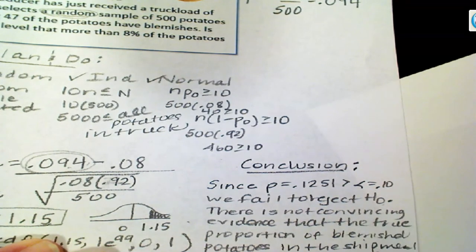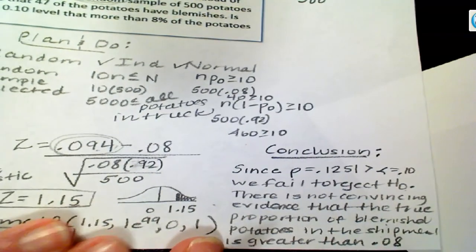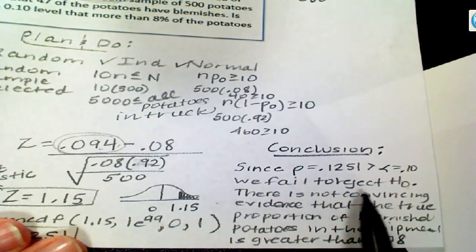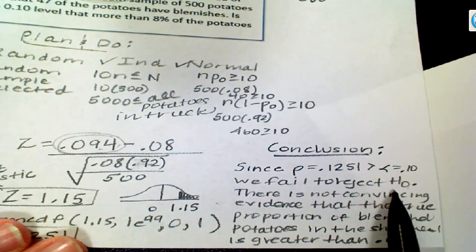So that is my conclusion. So again, the first sentence is always going to be whether you reject or fail to reject the null, and then your conclusion is always stated using the alternative.